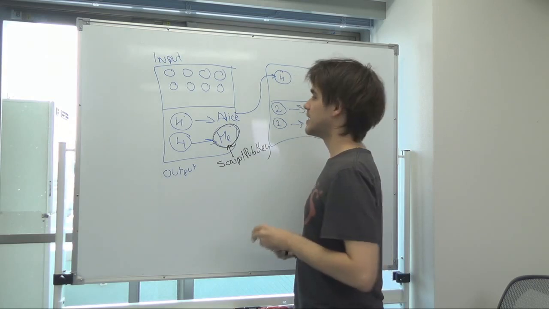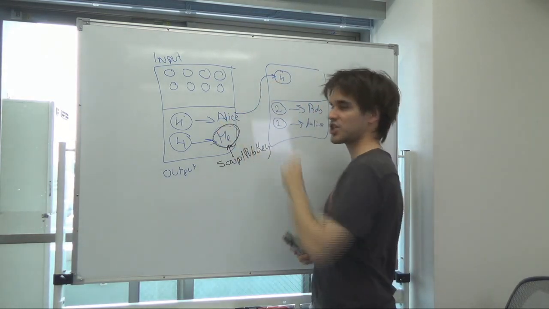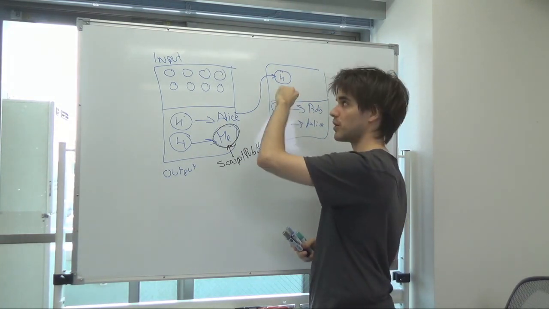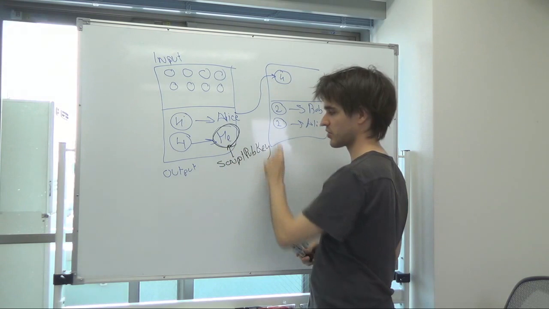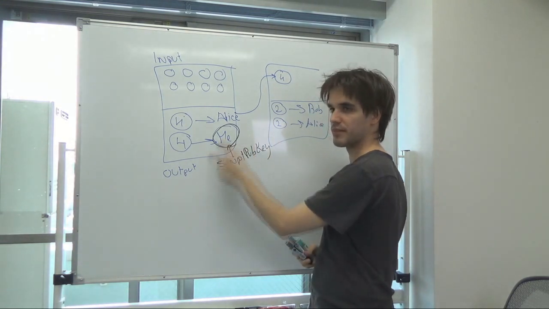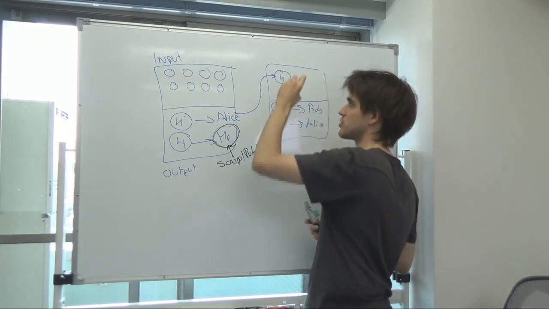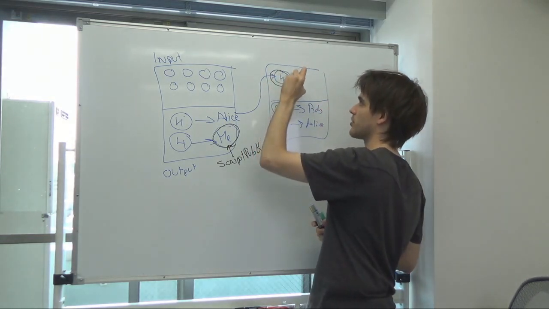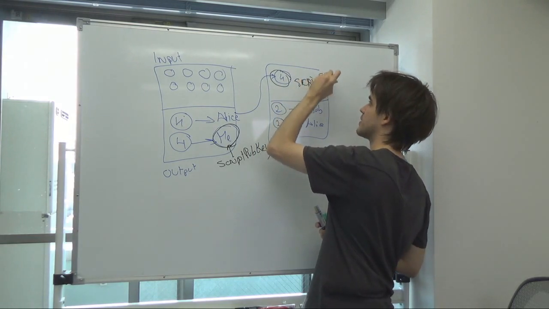Then when Alice wants to spend, she needs to prove to the world that she is the owner of the script pubkey. She does that by sending what we call a script sig.